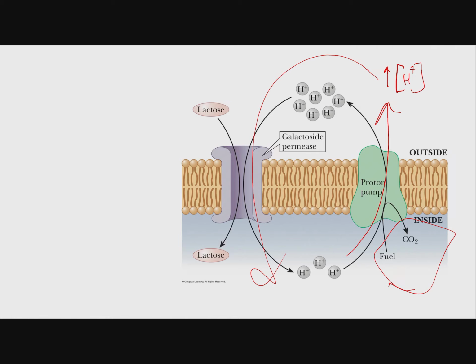But the transport of hydrogen back into the cell actually facilitates lactose being brought into the cell. Lactose can't get in without the hydrogen ions. So in this case, we're using this proton gradient to drive the transport of a different molecule. That's called secondary active transport.